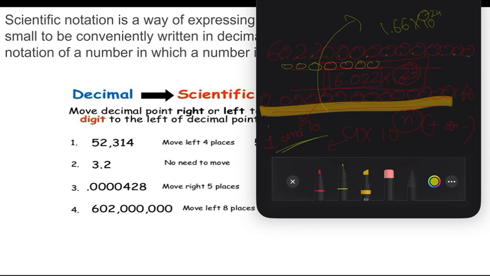If the decimal moves to the left, the exponent is positive. Here our decimal moved to the left, so our exponent is positive. If the decimal moves to the right, the exponent is negative. Okay, scientific notation makes calculation easier in chemistry.